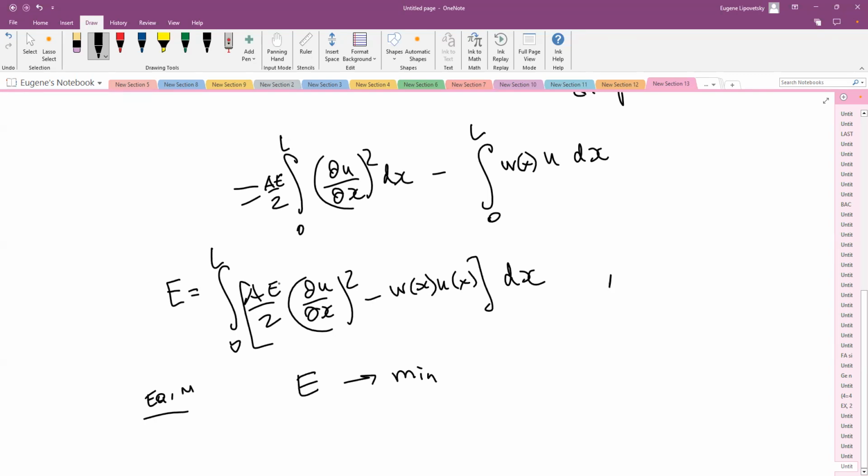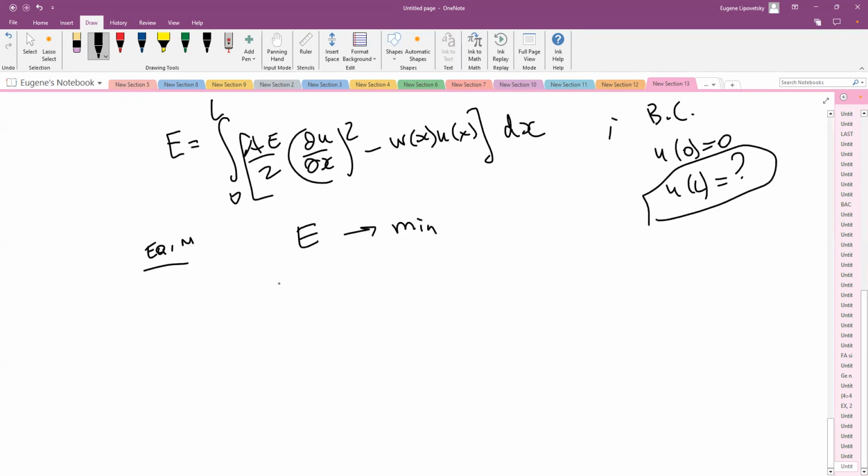The boundary condition is only one. The u of 0 equals 0 where it's fixed. U of L, we don't have any condition there, all right? Therefore, to get to the minimum, you need the following.